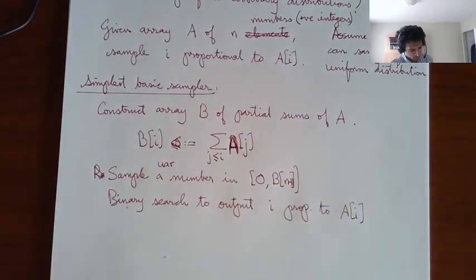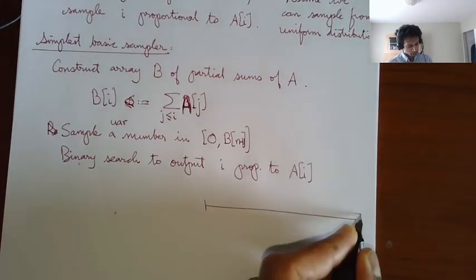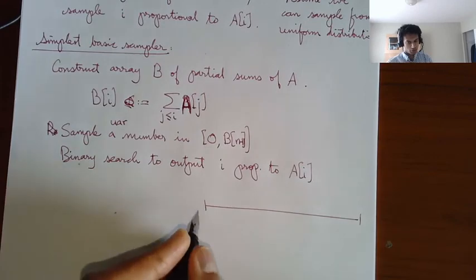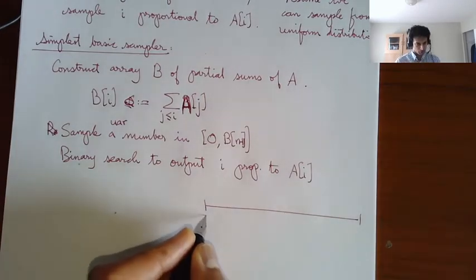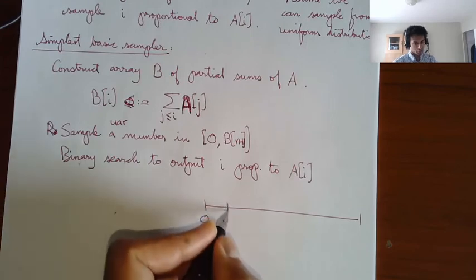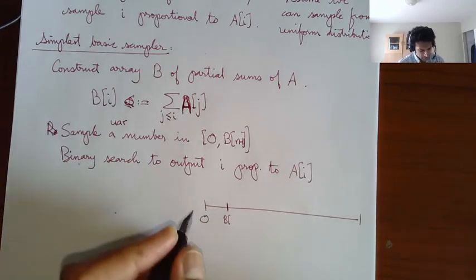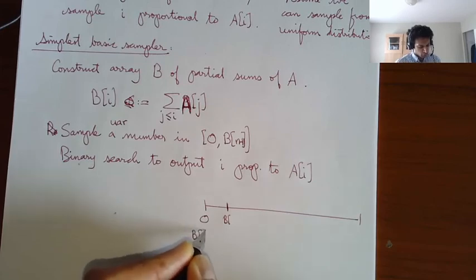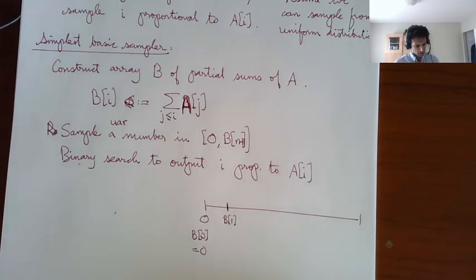Make sense? So one way to think of this is to represent things on the line. Let's say all these numbers are positive integers, so you start from 0. For convenience, let b of 0 be 0, and a of 0 is 0.